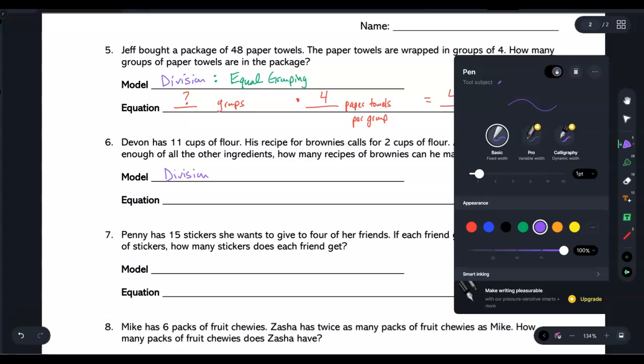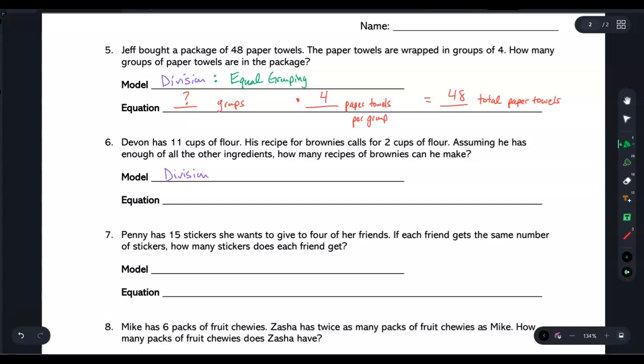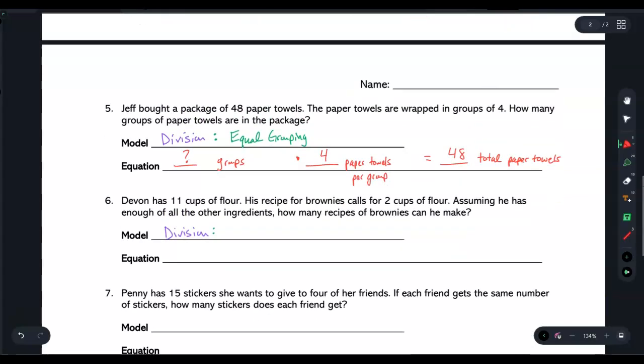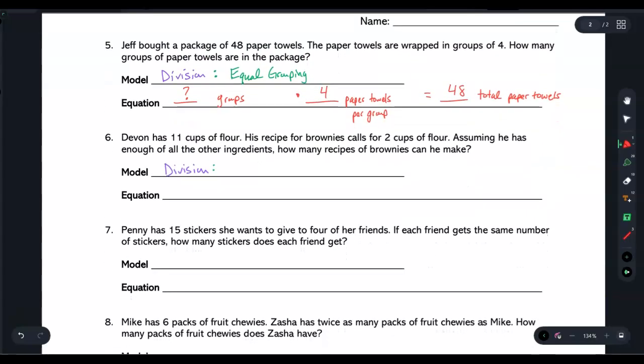And as always, the way to figure this out, if you struggle with figuring out either the model or whether it's multiplication or division, is to go ahead and do the setup equation. So honestly, you could start with the setup equation every single time if you like. In this case, I've got cups of flour and I've got recipes of brownies, right? So recipes and cups seem to be my unit.